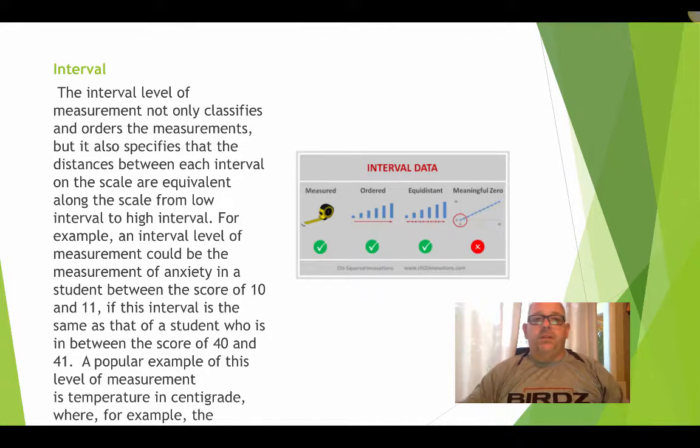Although they may be different ends of the spectrum, the amount between 10 and 11 is the same as 40 and 41. The incremental change is exactly the same between those two numbers. Now 40 could be a lot higher than 10 and 11, but when we're talking about the distance between the two numbers, I would call it one notch.